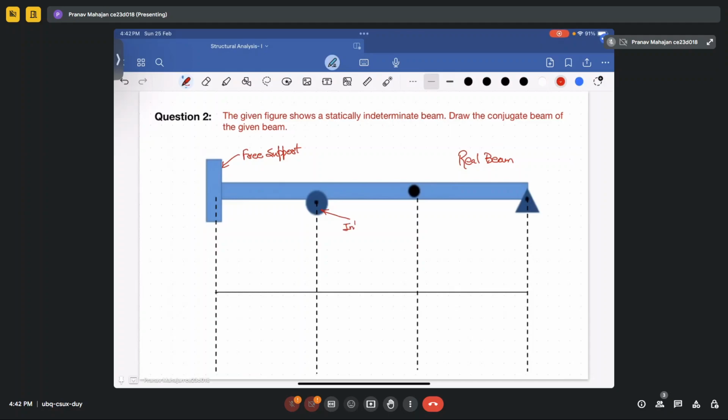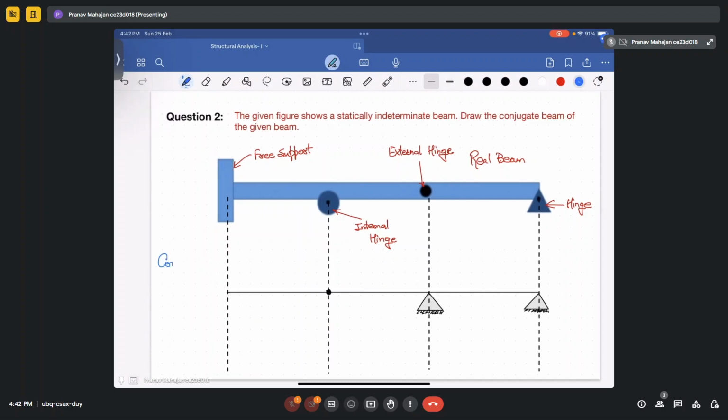It will become an internal hinge. Your internal hinge will become an external hinge, and this hinge will remain the same hinge. Okay. So how will your profile look like? So this will be your internal hinge. Here you will have one external hinge, and here also you will be having one external hinge. So this is how your conjugate beam profile will look like.